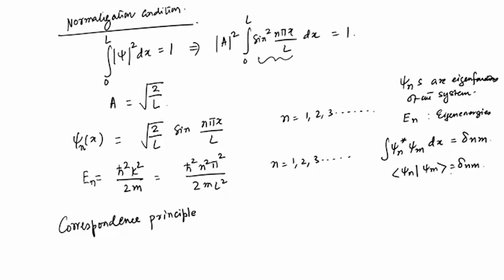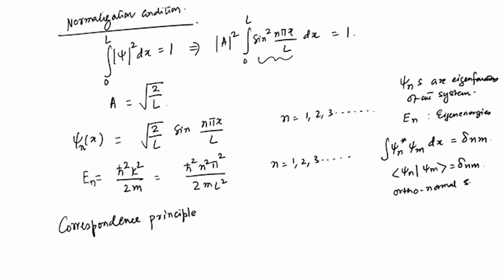So, if n is not equal to m, this overlap or the inner product is 0. If n is equal to m, then it is equal to 1, which is what we have used for our normalization. That is why they are called orthonormal. They are both orthogonal and normalized. So, that is called an orthonormal set.